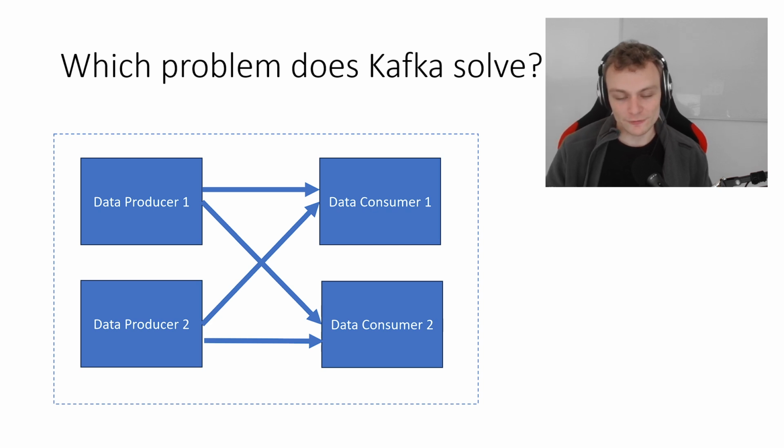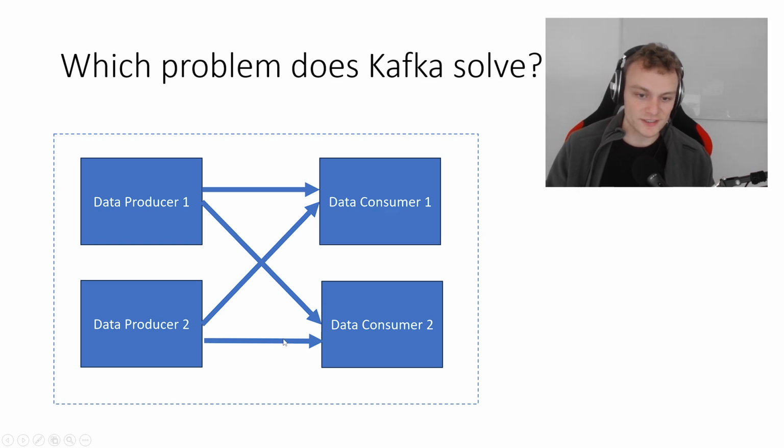You have 4 services, and they share data with each other. Data producer 1 produces data for consumer 1 and consumer 2, and producer 2 produces data for consumer 1 and 2.